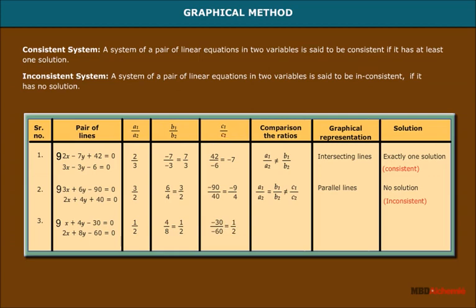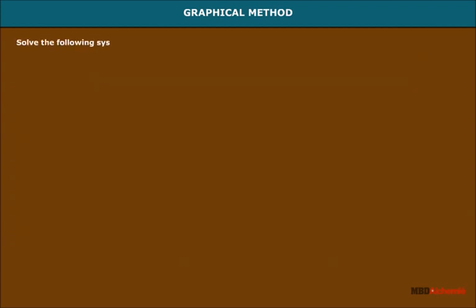After comparing the ratios, we found that a1/a2 = b1/b2 = c1/c2. So, these lines are coincident lines and we get infinitely many solutions, and hence the system is dependent or consistent. Solve the following system of equations graphically.